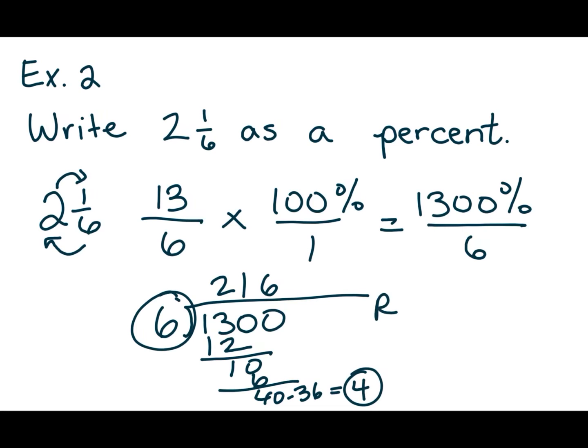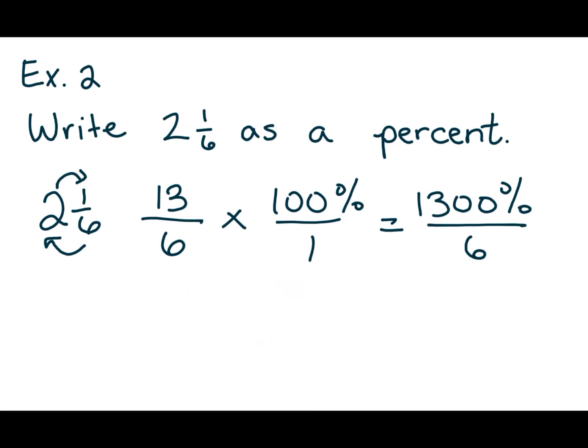So the remainder is 4/6 or 2/3. So I end up with 216 2/3%, which may seem kind of ugly, but that is what it is.